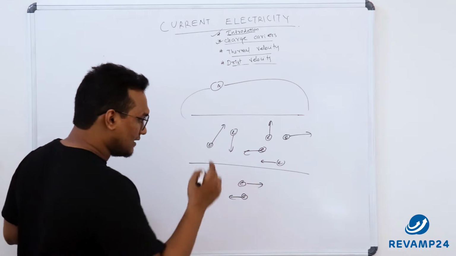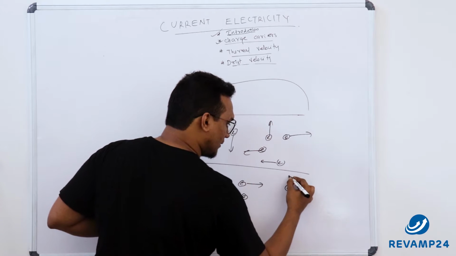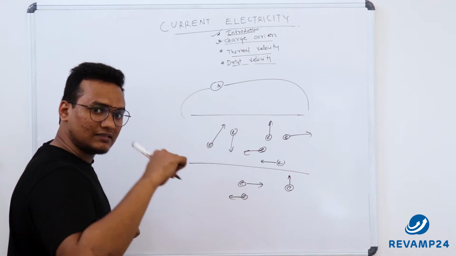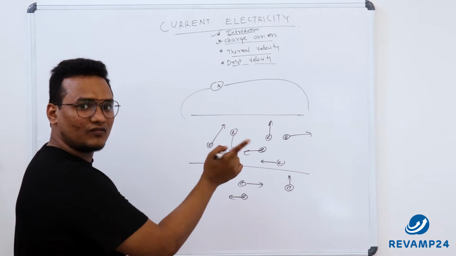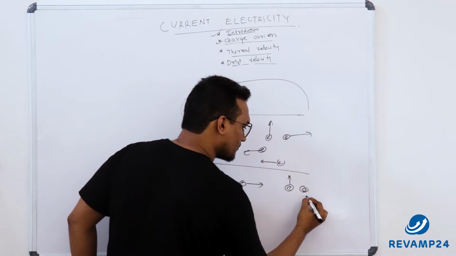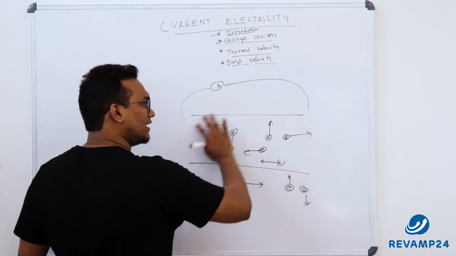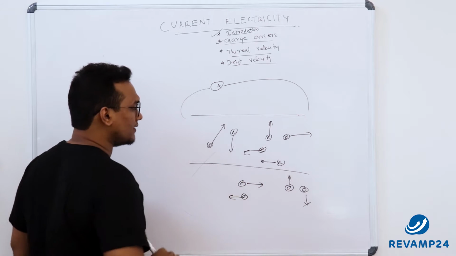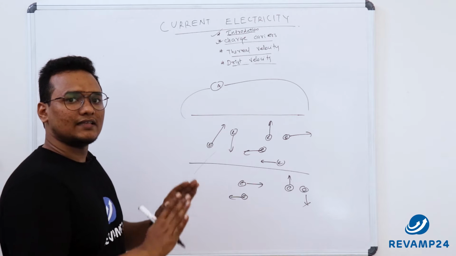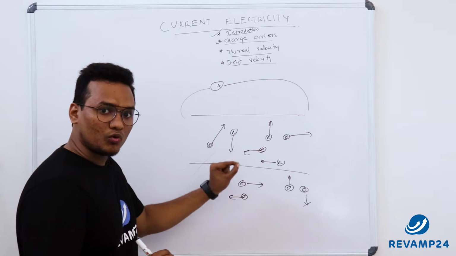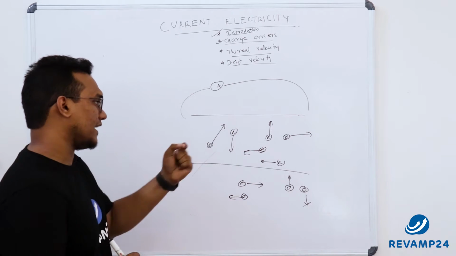Similarly, when some electrons are moving in this direction, somewhere there is an electron moving in that direction, so the net effect is cancelled. When we sum up all the current, the net current will be zero, because they are moving in random directions.